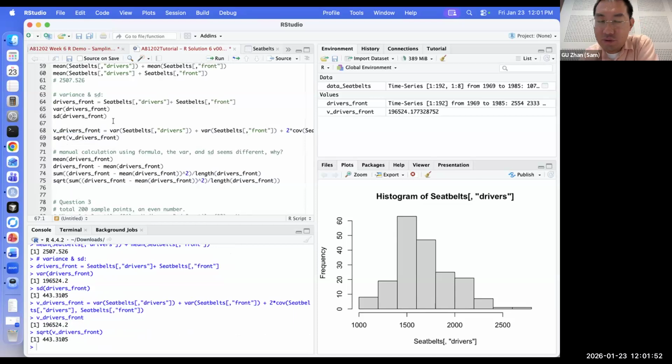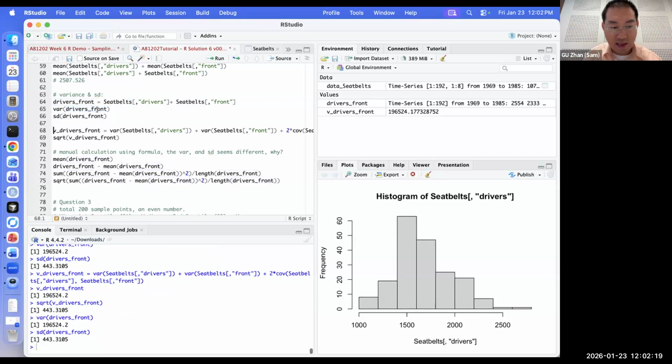This is actually showing you what we learned a few weeks ago, the bivariate distribution and variance calculation of two random variables. The first method is the organic method: we sum the driver and front together, getting two variables combined into one variable, and then calculate the variance. That gives you the correct answer.